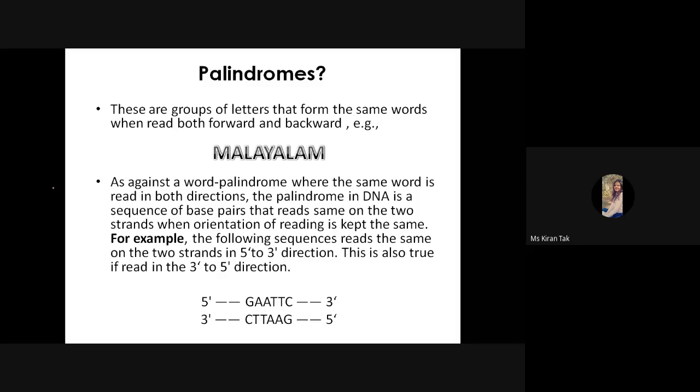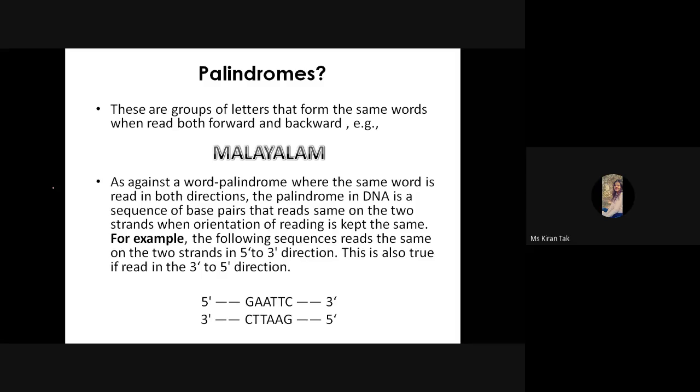So what are palindromes? In a simple way, palindromes are a group of letters that form a word, as we can see in Malayalam. If we read Malayalam in the forward direction or in the backward direction, it is the same word. Similarly in DNA, EcoR1 recognizes the GAATTC sequence.